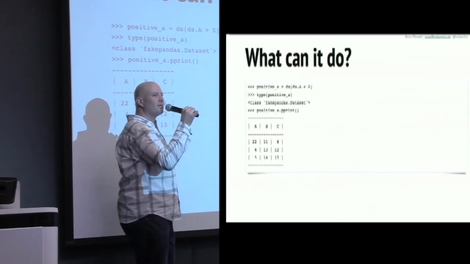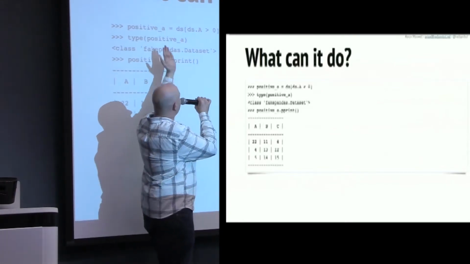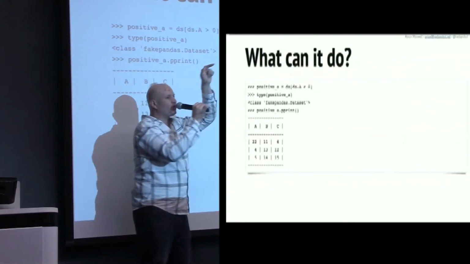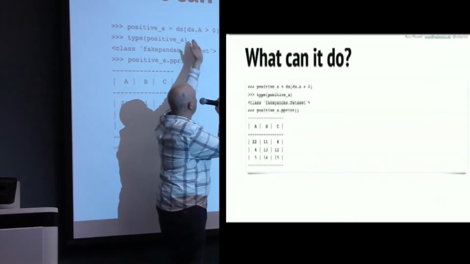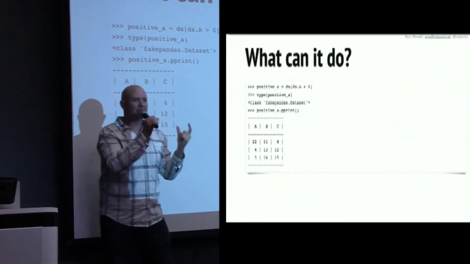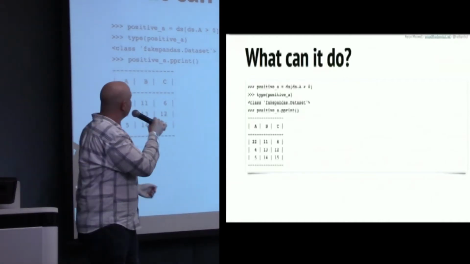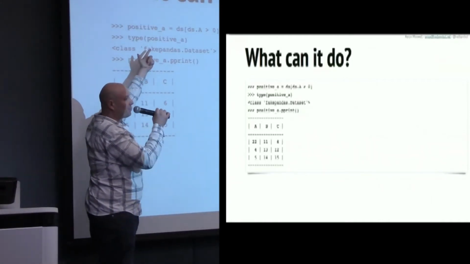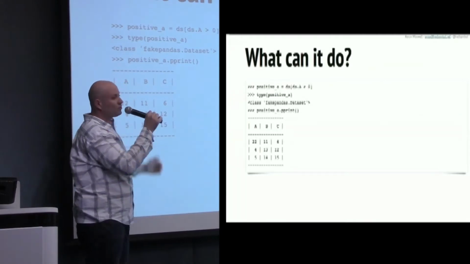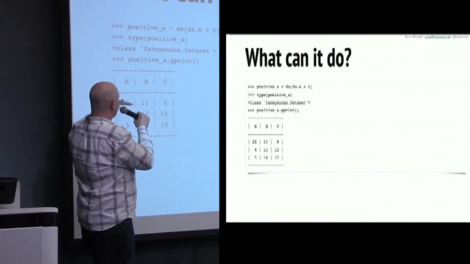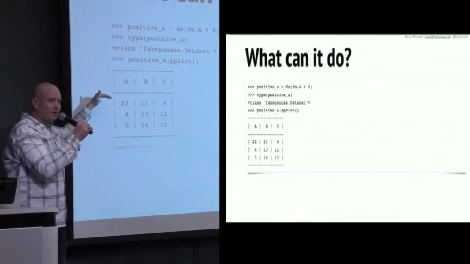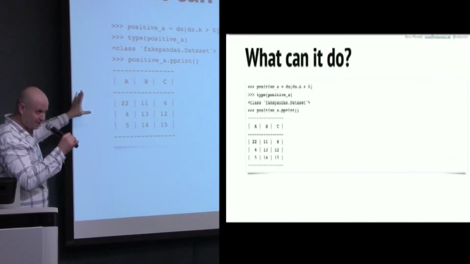What I want someone to be able to write is to reference DS and then with square brackets have an expression saying, give me the rows in this data set where the A column values are positive. And in fact, I get this object positive_A, which is another data set which I can then print out. So did this filter my rows according to the criteria here, right?